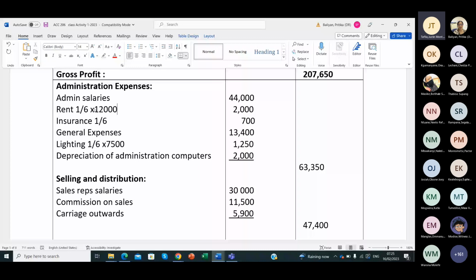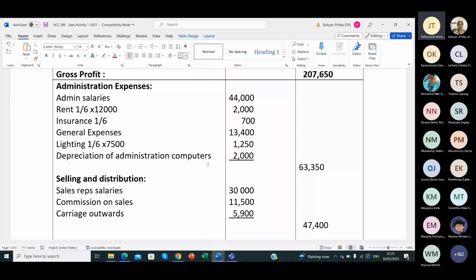Then at last, the depreciation on administration computers, the computers used for the administrative work. So the question says that depreciation has been charged at the rate of 10% per annum on the cost price.